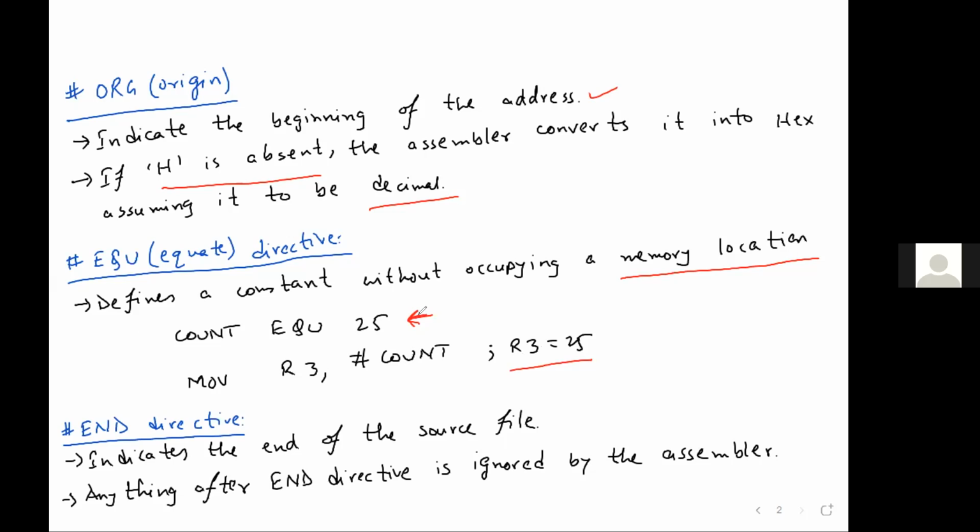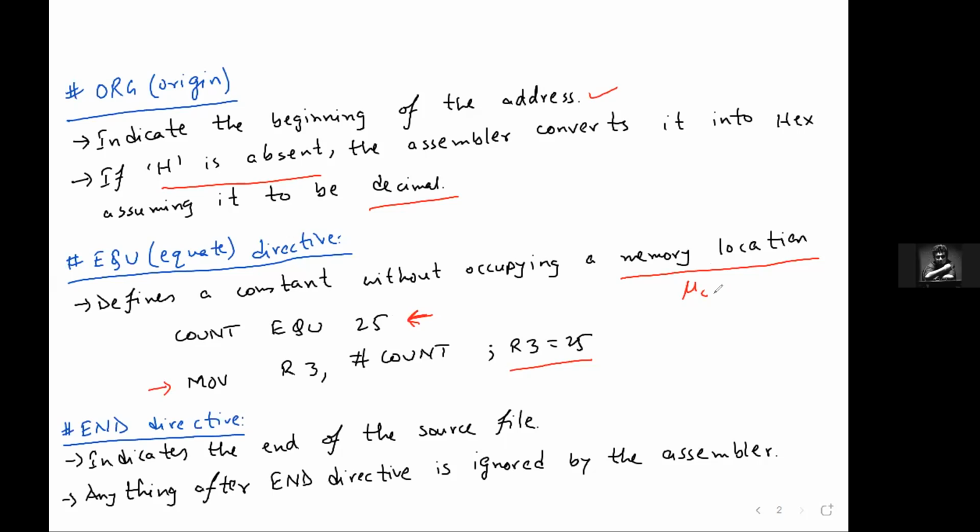So obviously it will not occupy any memory location in the microcontroller. There will be no memory allocated for this type of directive. But when you execute the move line, definitely some memory will be used. That is a different thing. We are saying that this equate will not occupy any memory location in the microcontroller. Is this portion understood to all of you?